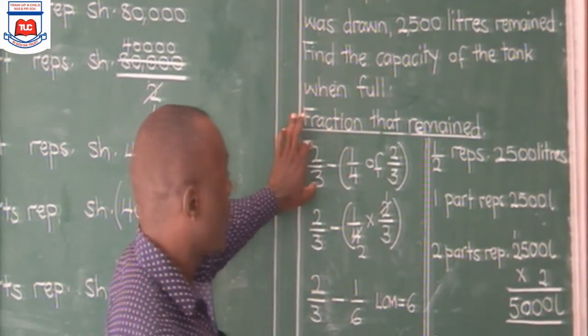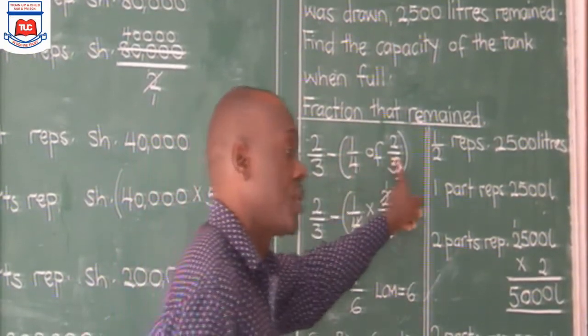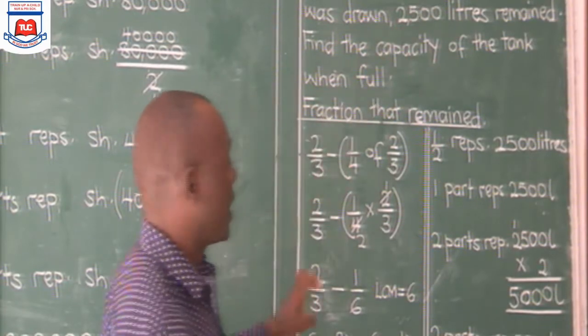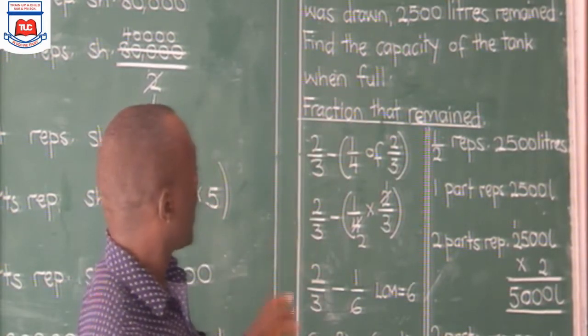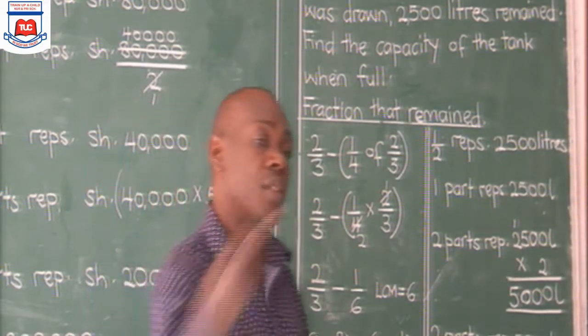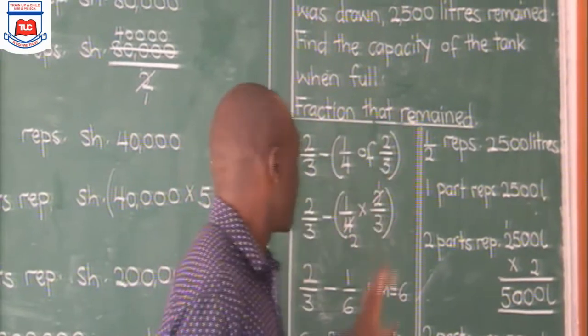So that's why we are saying fraction that remained. It is 2/3 minus a quarter of the 2/3. Because they are saying a quarter of the water in the tank was drawn. The tank was 2/3 full of water, and somebody drew a quarter of it. That's why you say 2/3 minus a quarter of the 2/3.